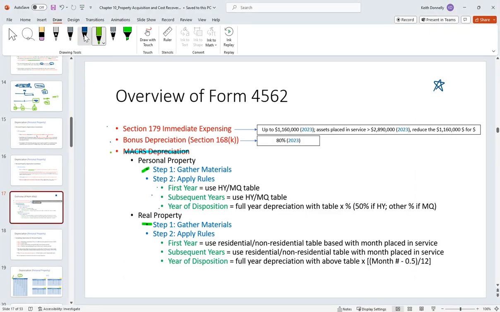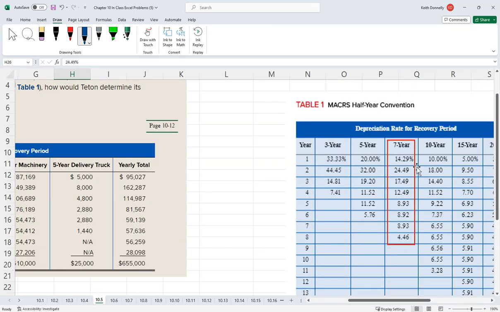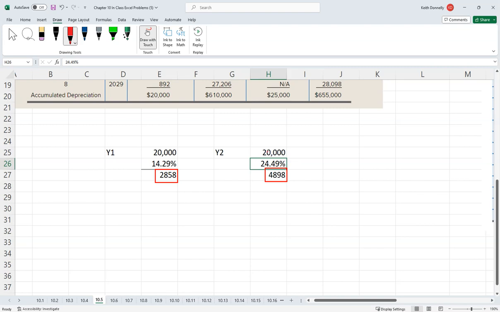How do we do year 2, year 3, year 4? I put my little check mark there for first year. Not that hard. We continue to use the table. Here, 14.29. In year 2, it's 24.49. So just take 20,000 times 24.49.